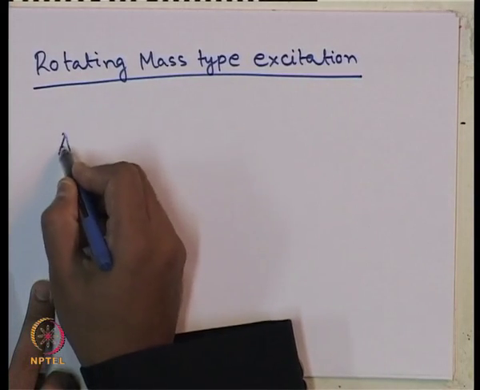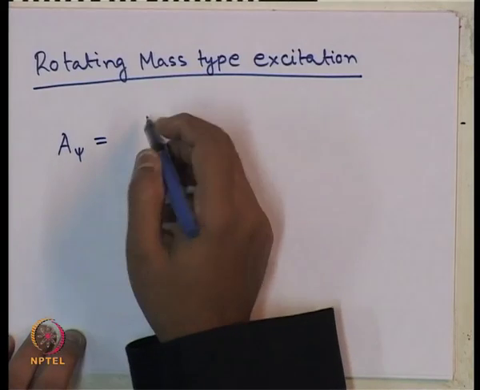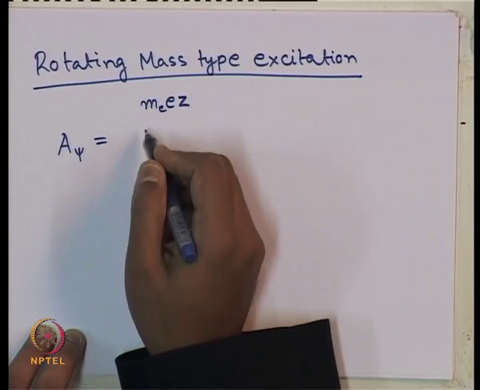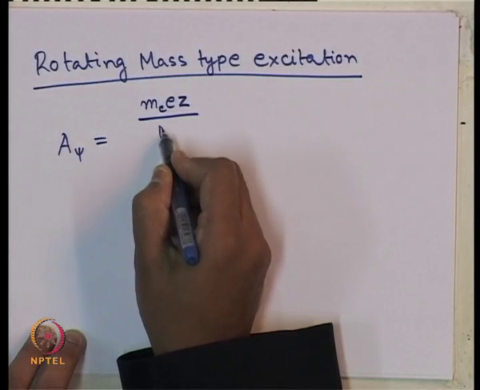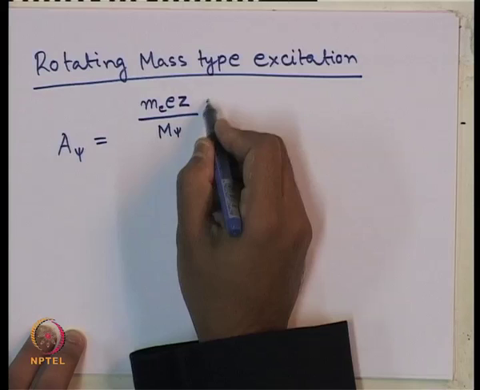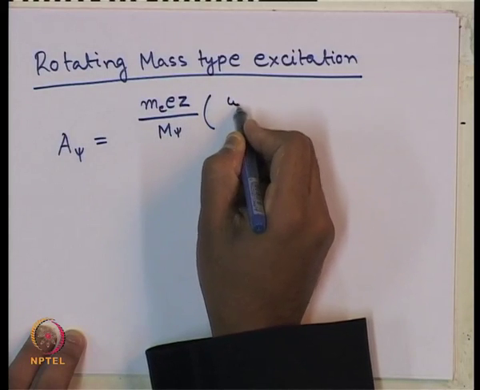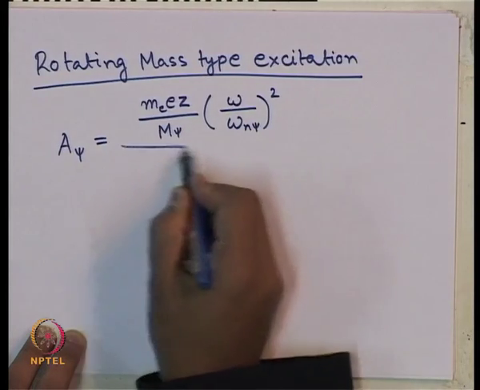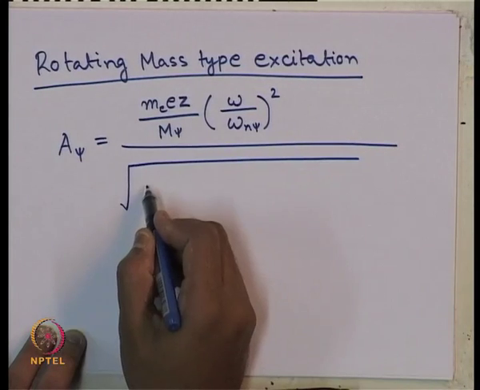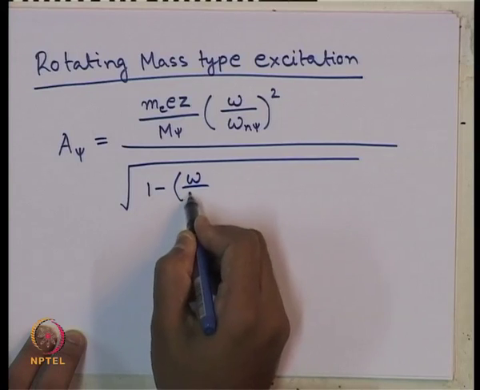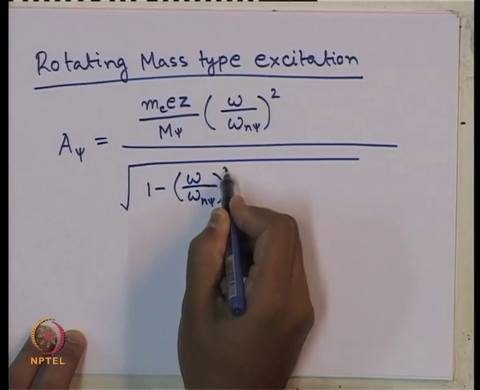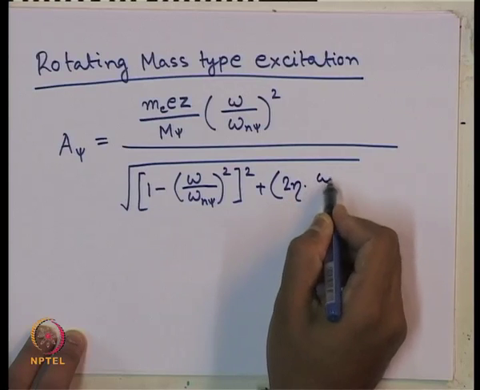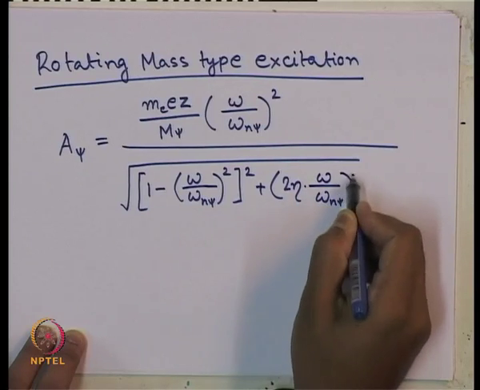What is the expression for A psi? That is m e e z by m psi times omega by omega n psi whole square, by root over 1 minus omega by omega n psi whole square, that square, plus 2 eta omega by omega n psi whole square.